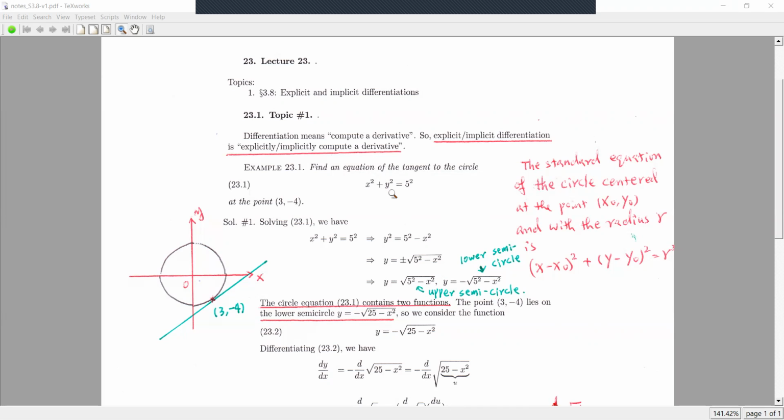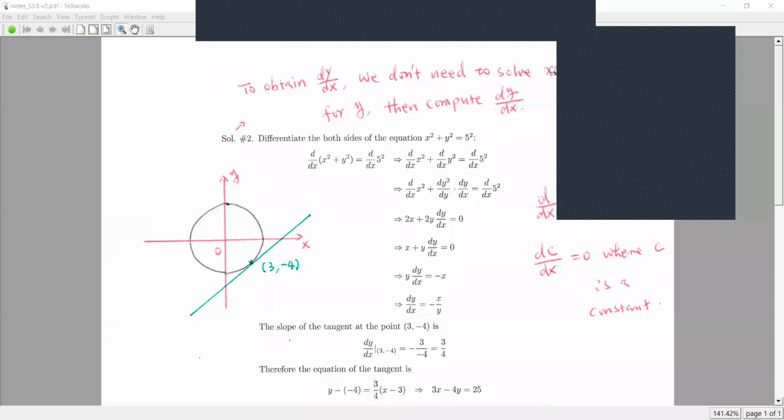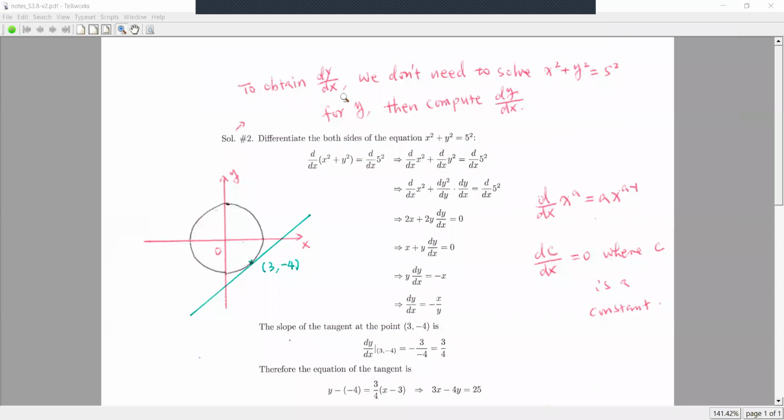Now, let me present the second solution. To obtain the derivative, we don't need to solve the given equation for the y variable and then compute the derivative. Instead, we can adopt the solution here.